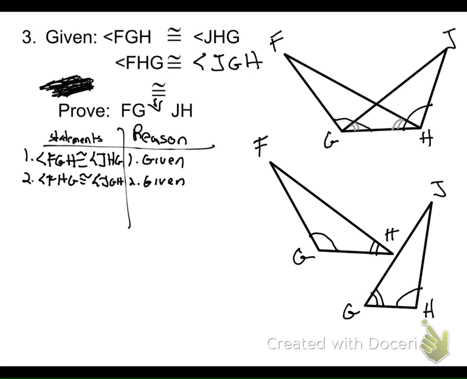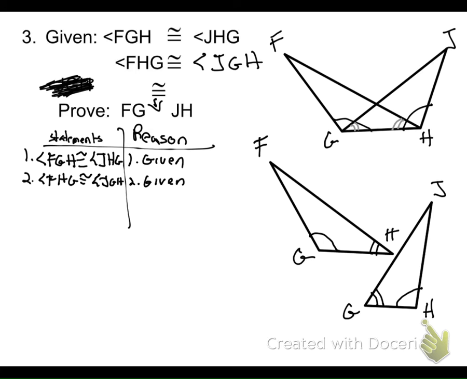Angle, angle, side would involve us proving that GJ or HF are congruent, or that FG and JH are congruent. If we wanted to do angle, side, angle, we'd have to show that GH is congruent to GH.